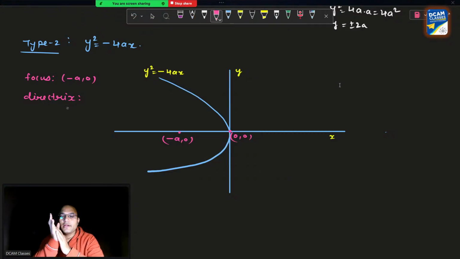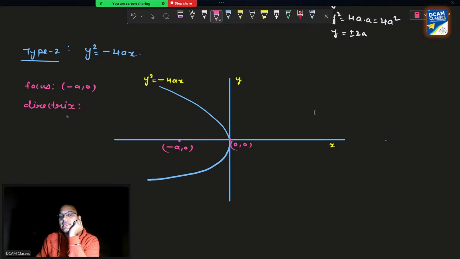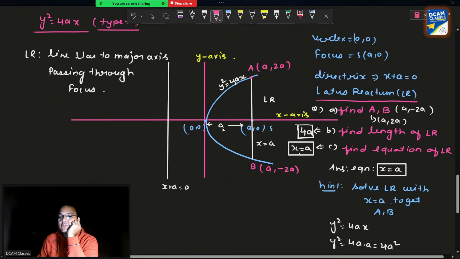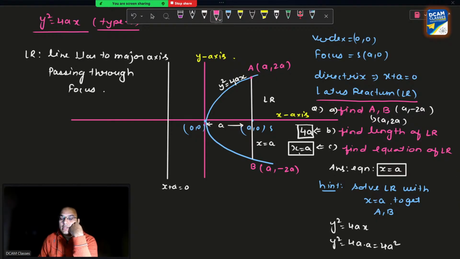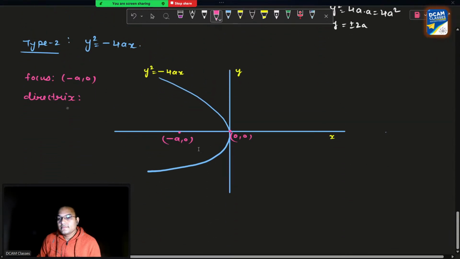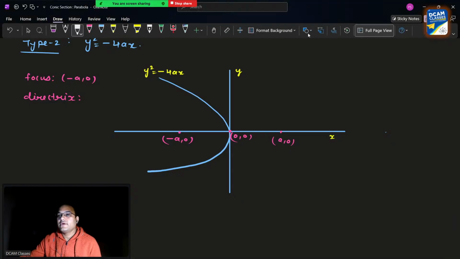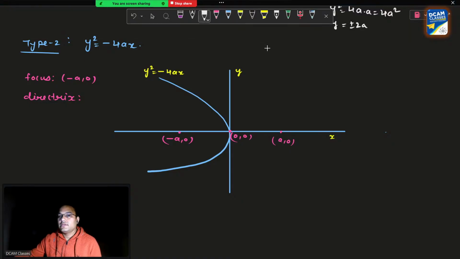Why is it so difficult? I told you na in the last class the directrix is actually at the equal distance on the opposite side to the vertex as the focus is. The distance of the focus from the vertex is equal to the distance from the vertex to the directrix. Then perpendicular. It would be a comma 0. Then it will be at a comma 0, and the line will be, it is a line actually, directrix.